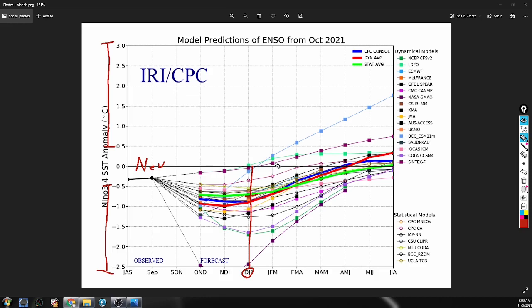So for this graph, we can see here we have the statistical average, we have the dynamic average. I'm not trying to make this too difficult, but pretty much we're around the area of maybe negative 0.7, negative 0.6, around in that area.